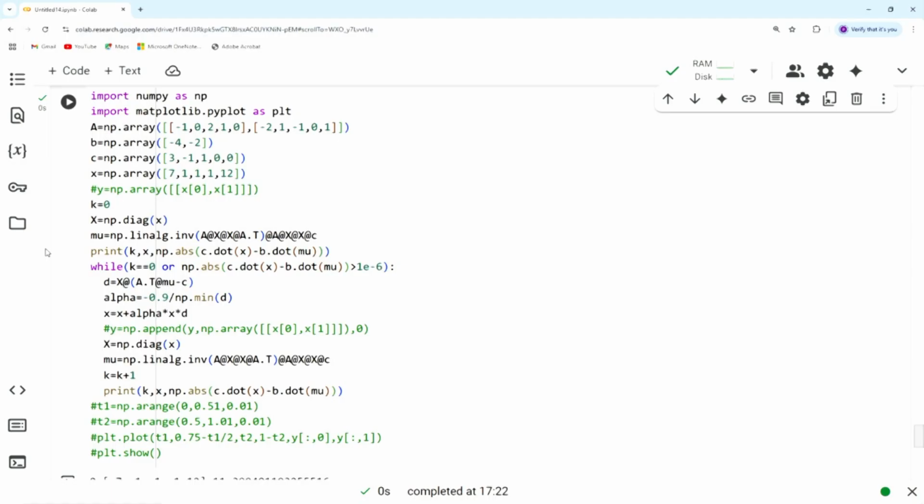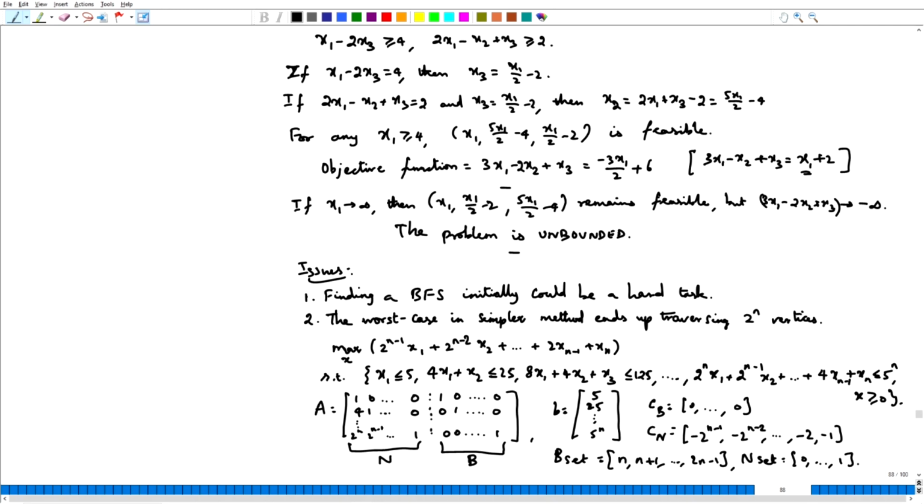If you recall, this is the problem: you are maximizing 2 power n minus 1 x1 plus 2 power n minus 2 x2 and so on, right. So this is A, you have 1 with many zeros and so on. I will just write this down rather than discussing it. I will write it for n equal to 3.